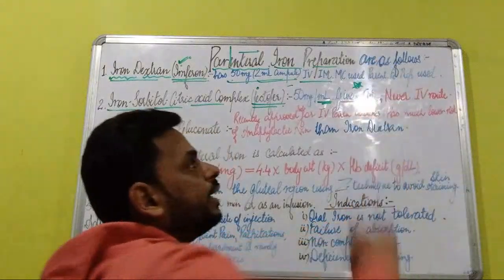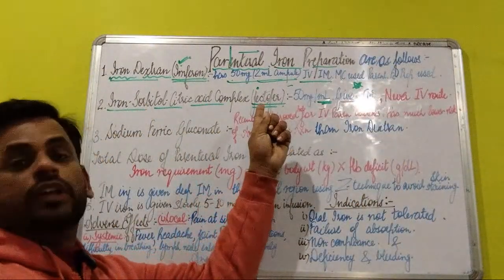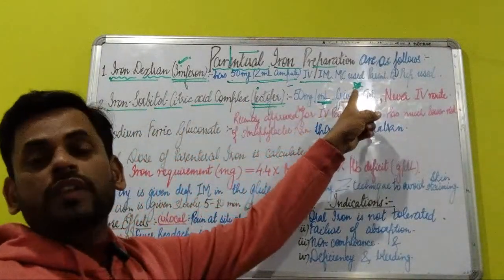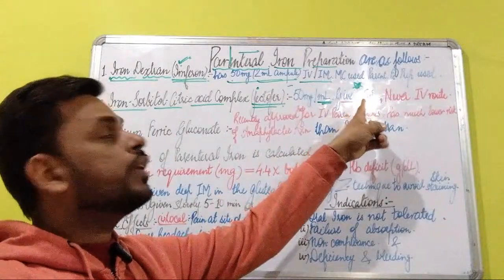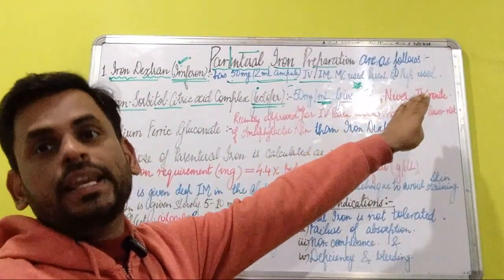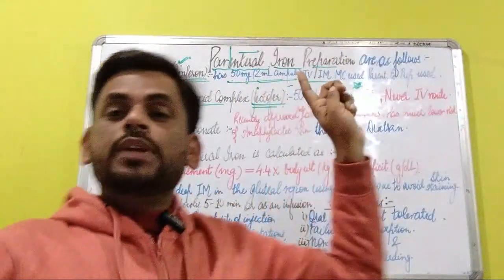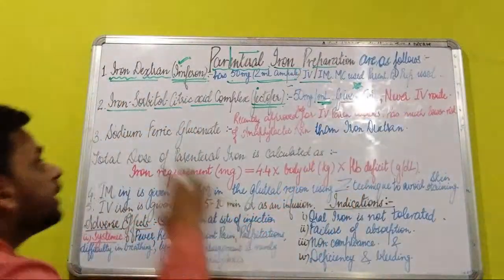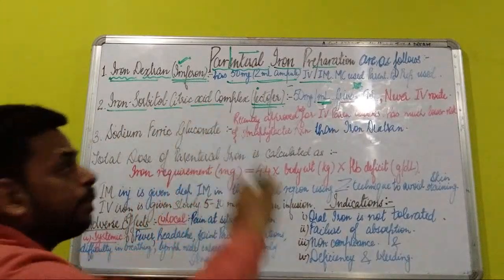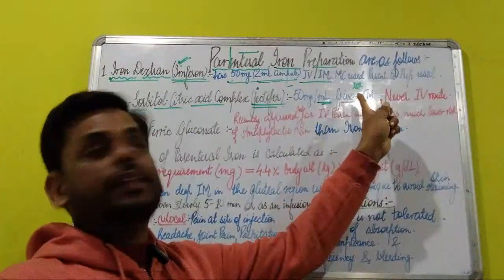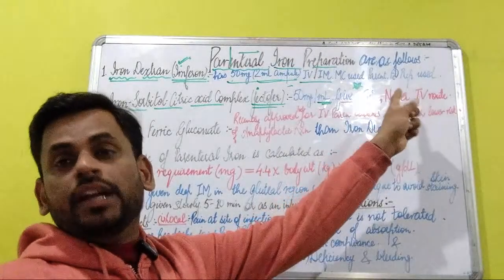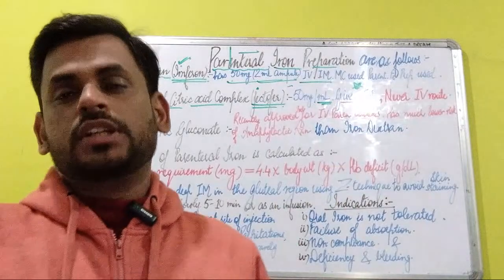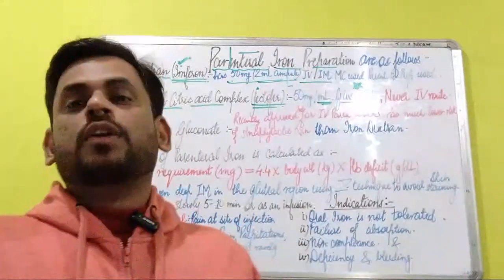Most importantly, this Jectofer, the iron sorbitol citric acid complex, is always given through the intramuscular route and never by the intravenous route. So students and viewers, do remember that point: the iron sorbitol citric acid complex has to be given by the IM route and never through the intravenous route. This can be asked from you as a multiple choice question in various competitive exams.